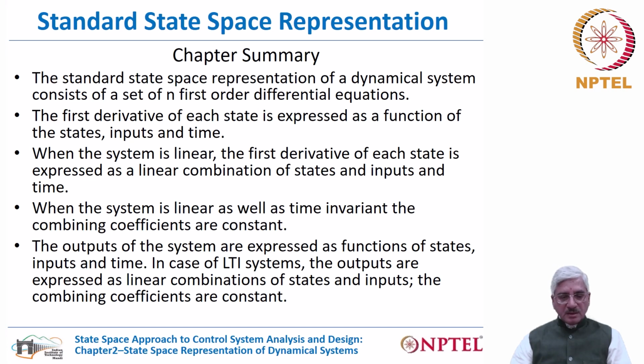If, besides being linear, the system is also time invariant, then the combining coefficients are constant. The outputs of the system are expressed as functions of states, inputs and time. In case of linear time invariant systems, the outputs are expressed as a linear combination of states and inputs only. The combining coefficients are constant.